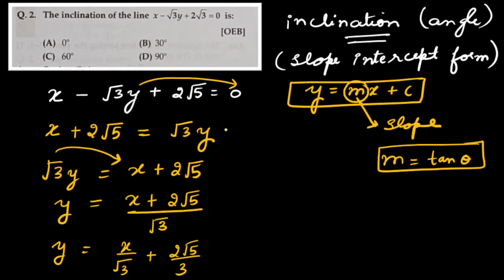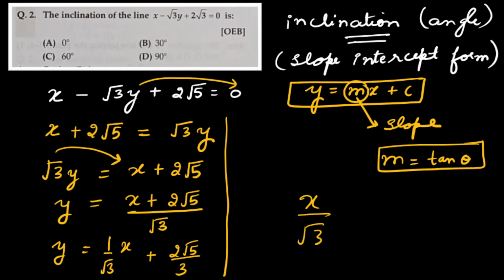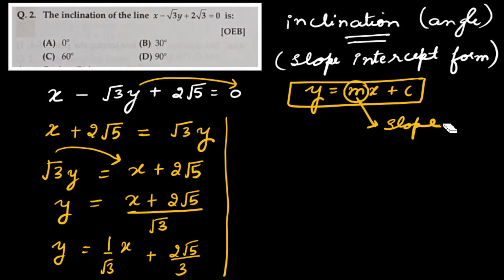We have already got the slope intercept form, y equals mx plus c. If you just see, you have to find the coefficient of x. This I can write as 1 by root 3, since x by root 3 can also be written as 1 by root 3 x. It means the same thing. Now we have to see what is the value of the slope.